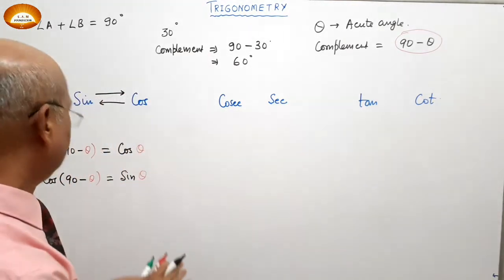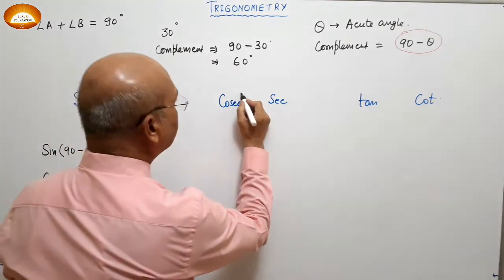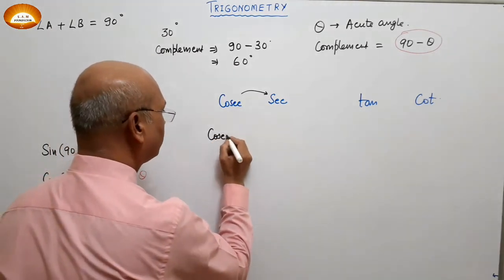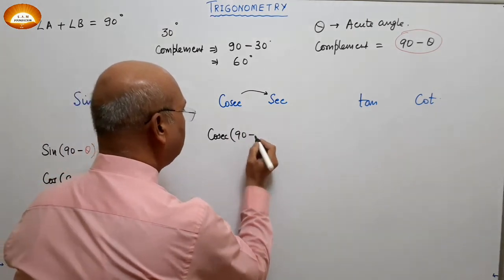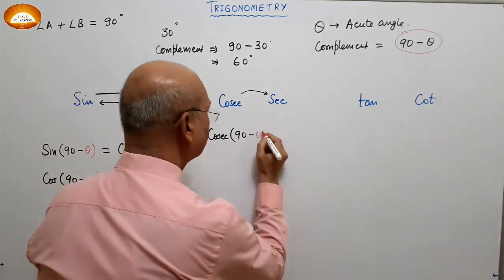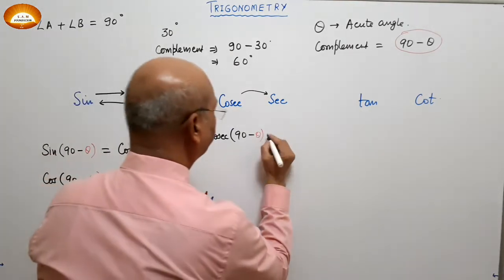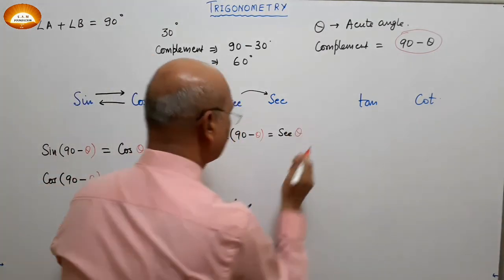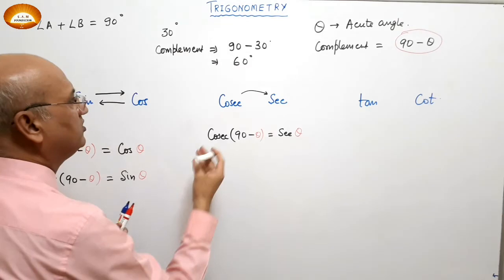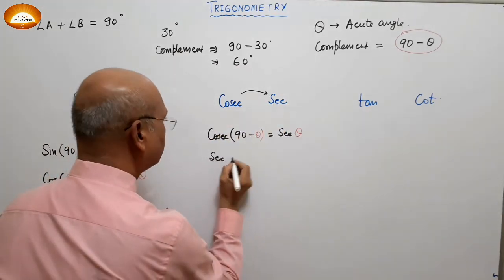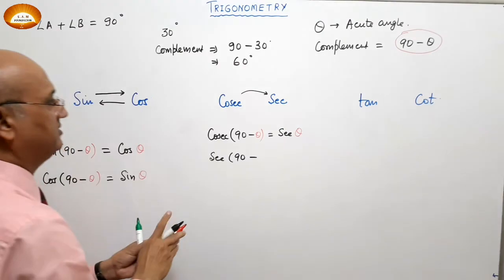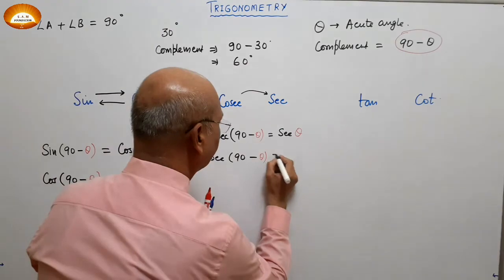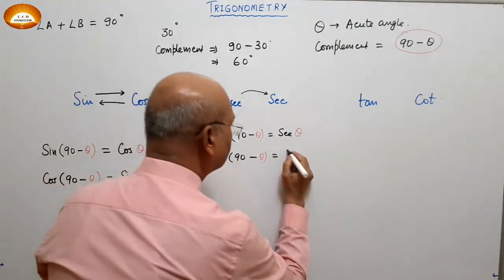Now same is the case here, no difference. Cosec changes to sec. See, cosec of 90 minus theta will be equal to sec theta, and if it is associated to sec of 90 minus theta, it will be equal to cosec theta.